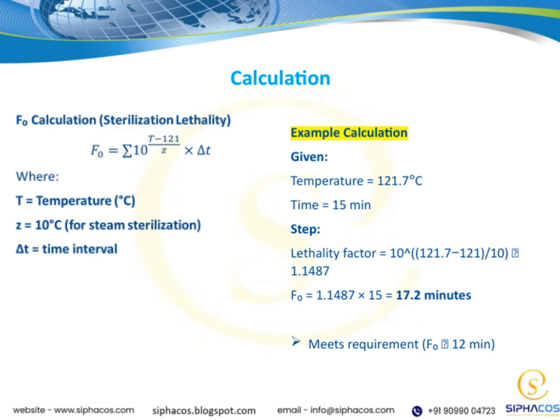When we do that math, it comes out to approximately 1.1487. This number essentially adjusts the process time based on the temperature. Next, we multiply this lethality factor by the process time, 15 minutes, to get the equivalent F0 value. That results in about 17.2 minutes.